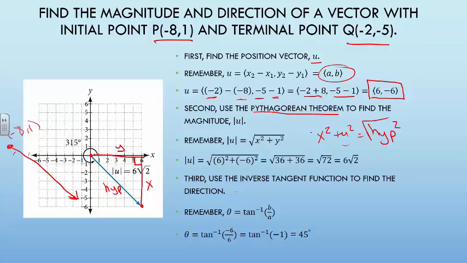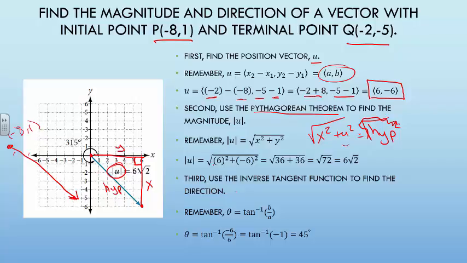I square root both sides, and that's where that square root of x squared plus y squared is coming from. And this goes away, and we just have hypotenuse. In this case, the hypotenuse is the vector u. And we just go ahead and plug in that information.